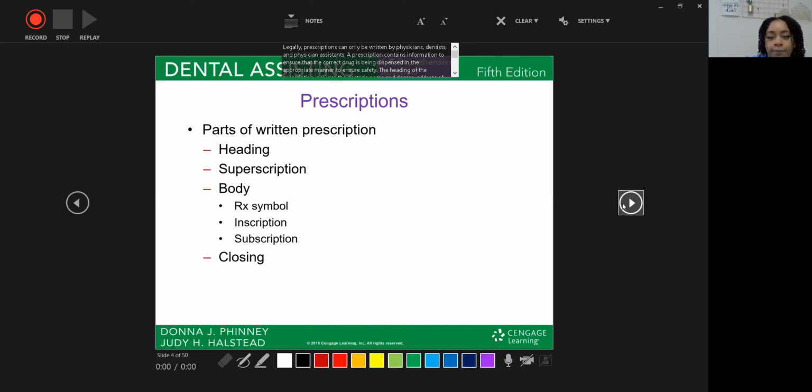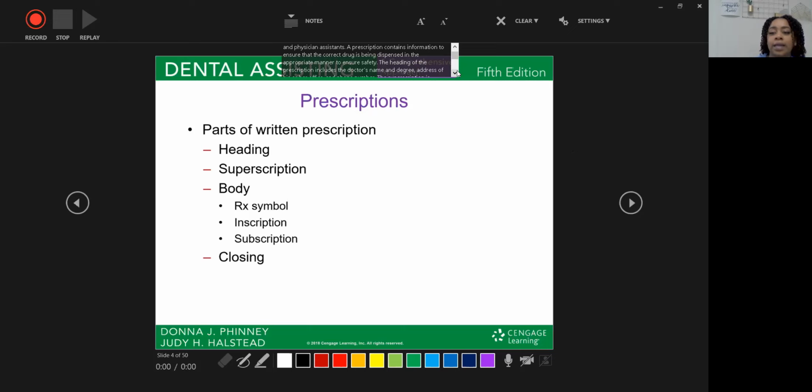That's very important. Now, know the parts of the prescription: what name you're going to put where, the patient's date of birth, address, what type of medicine, how many pills you're giving the patient, the directions on how to take the medicine, and the whole closing of the prescription.